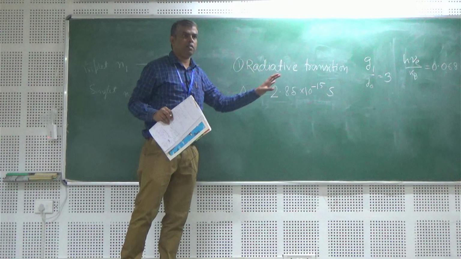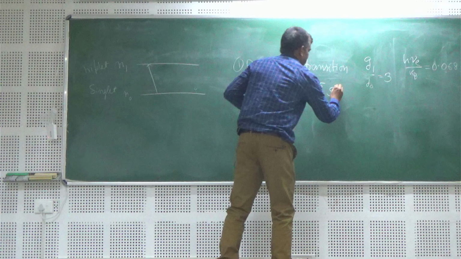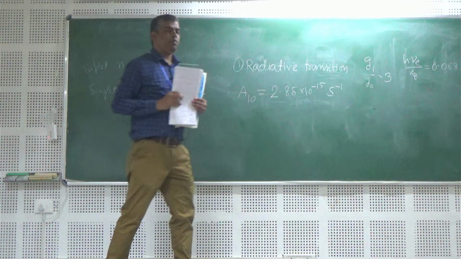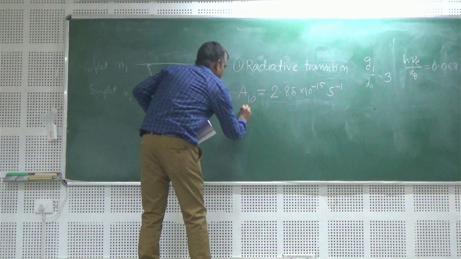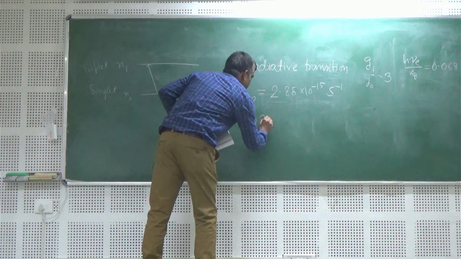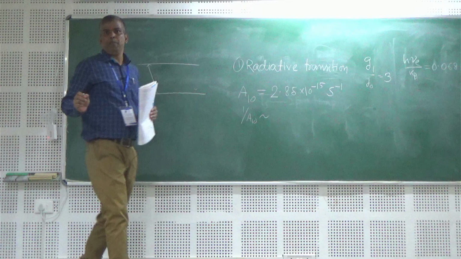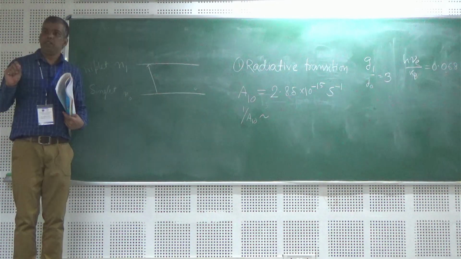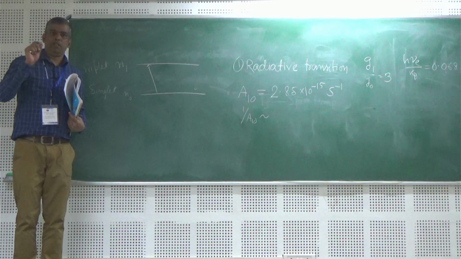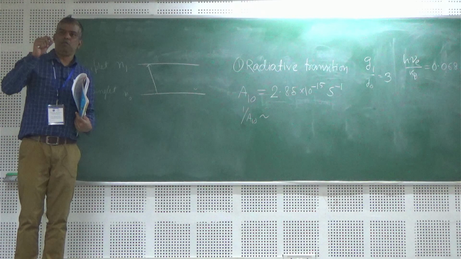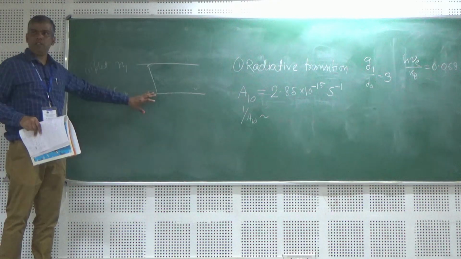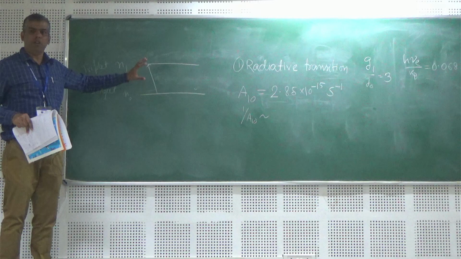So the inverse of that, 1 by A10, will give you the average decay time from the triplet state to the singlet state, which is around 10 to the power 7 years. So it takes 10 to the power 7 years for an atom to spontaneously decay from triplet to singlet. This is a very long time.